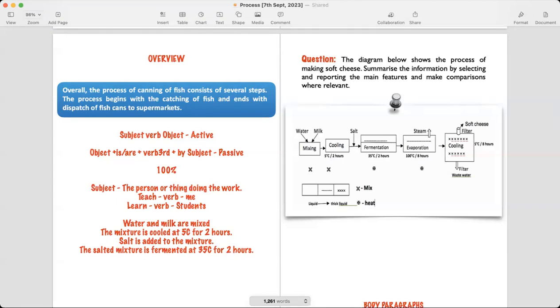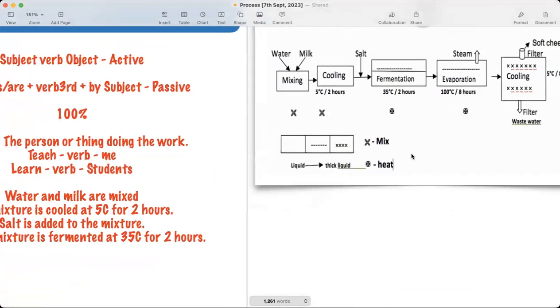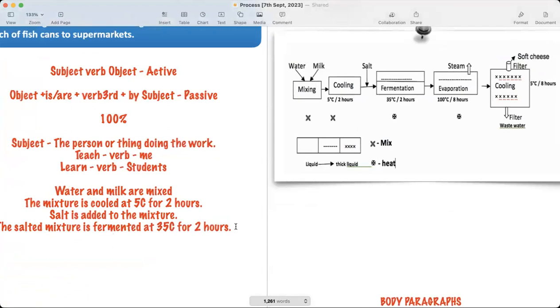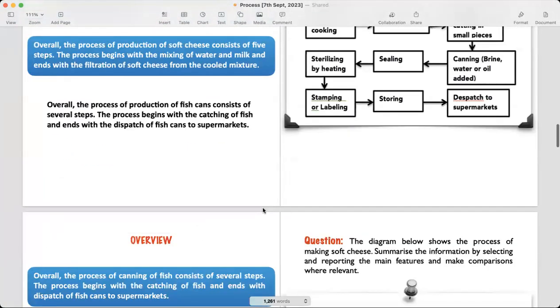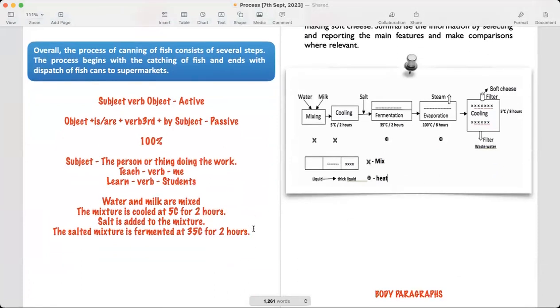At how many degrees Celsius? Wait, sir. I can't zoom. 100 degrees Celsius. Okay, good. And one part you're missing. Something else is also happening. Yeah, steamed is out. Yes. Okay. But out is not a verb, right? So first we'll make the evaporated part. The mixture, now you don't need to write salted. It's done with the last step.